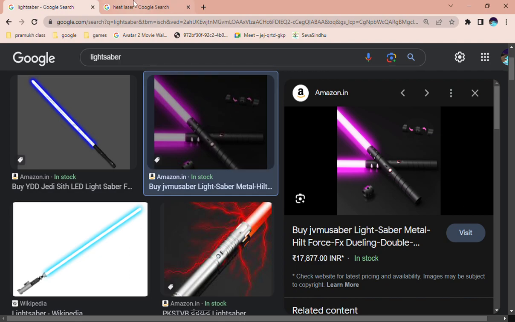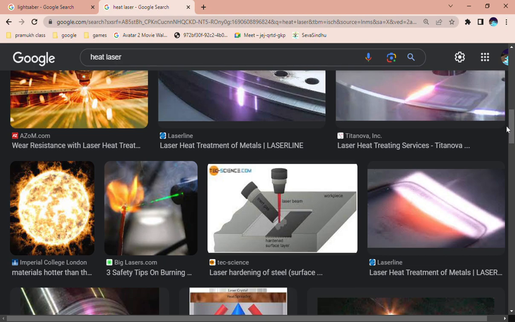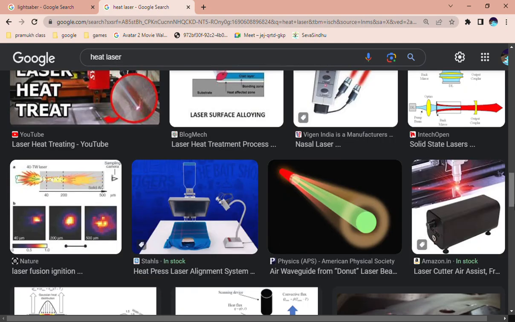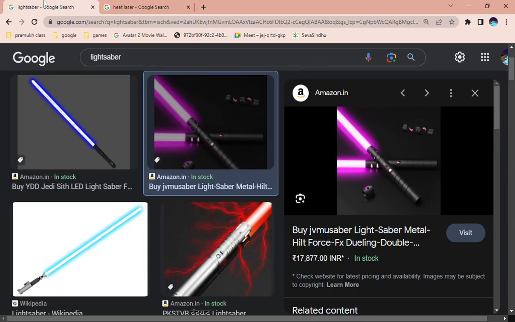So there are some types of heat laser which are just a slab and work completely on electricity. There are some which are small, as small as this part of this stick, this line to this.